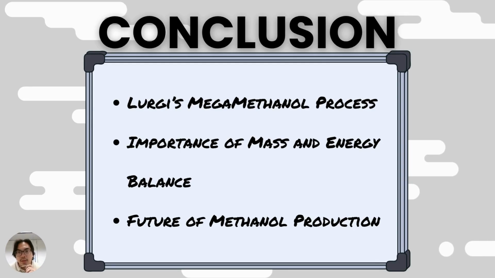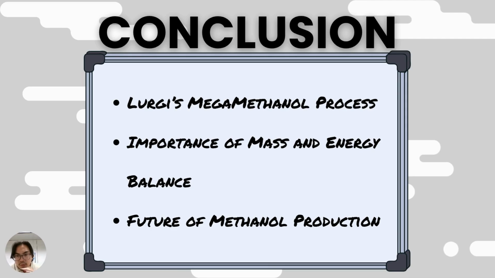So, in conclusion, our analysis underscores the effectiveness of the Lurgi mega methanol process as a proven and highly efficient technology for large-scale methanol production. The success of this process hinges on the precise application of mass and energy balance principles and advanced process design, enabling the efficient production of high quality and high purity methanol while minimizing natural gas consumption.